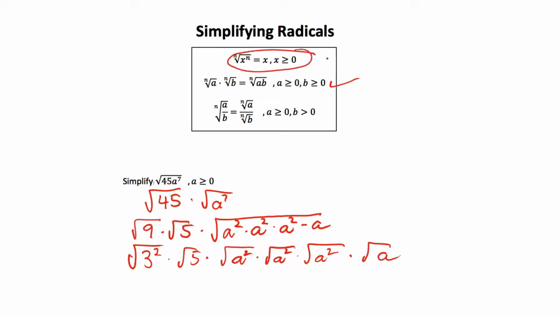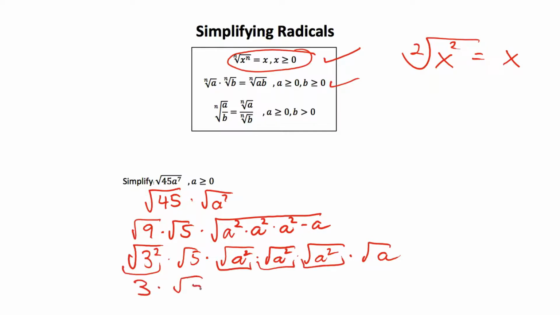And then using my inverse property, the fact that the square root of a square gives me my x back again, I can simplify these sections. This is 3. This remains as root 5. The square root of a squared, as long as a is a positive number, that will be a. No absolute value needed.